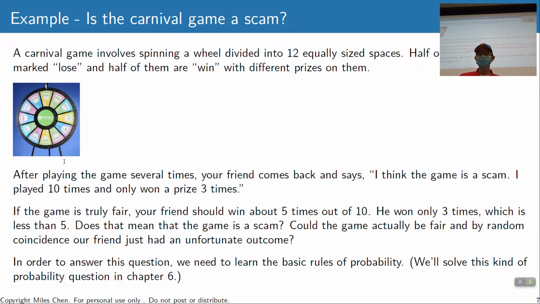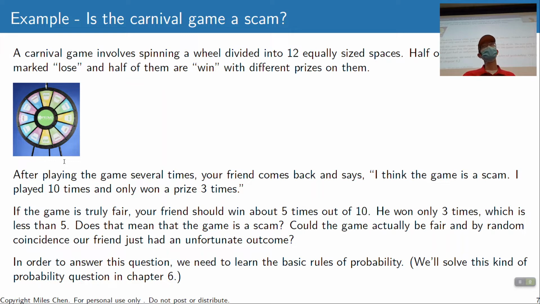He only won 3 times out of 10, so that's less than 5 times. And because he only won 3 times out of 10, he feels like the game's a scam. So do you think this is evidence that the game's a scam? Or is it possible that our friend was just unlucky?